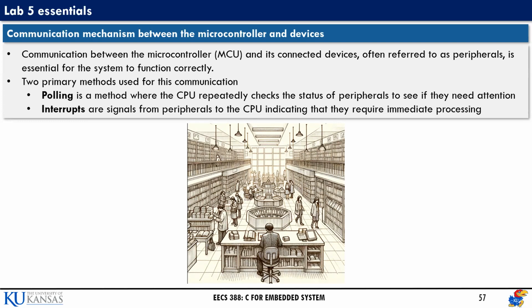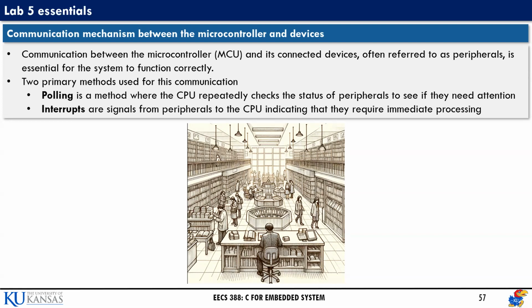You can think about interrupts as the call button, the emergency button, like 911. Now imagine each section has a call button that visitors can press when they need assistance. This button signals the librarian at the help desk, similar to an interrupt signal to a microcontroller, that someone needs help, right?